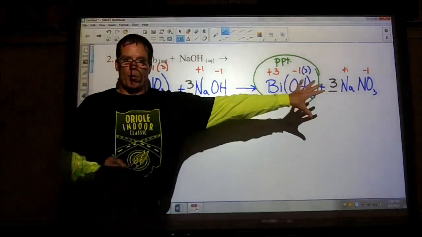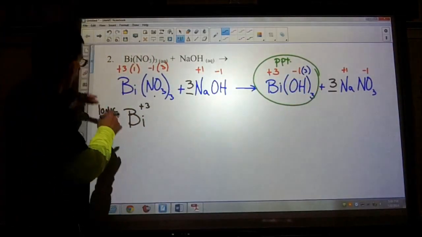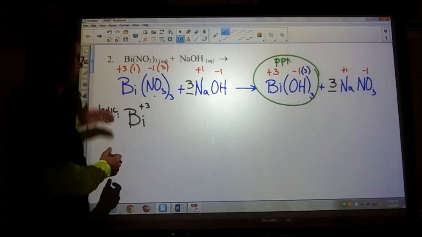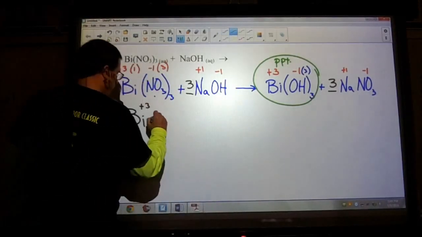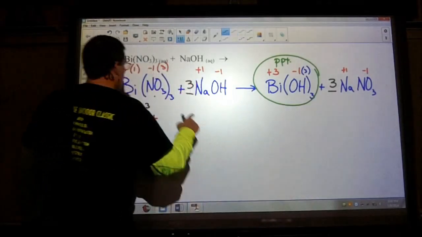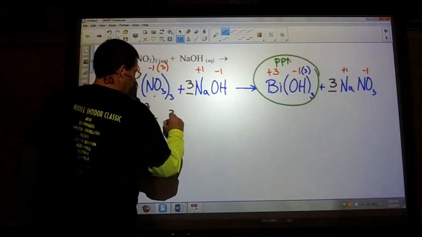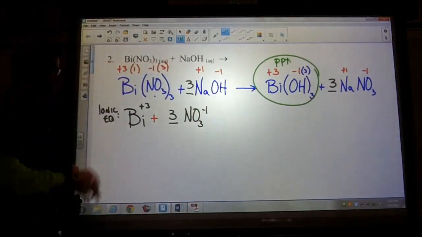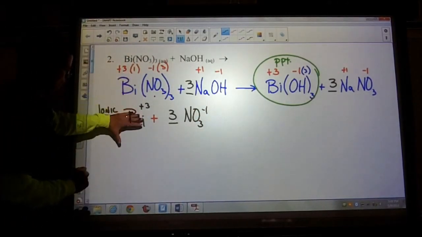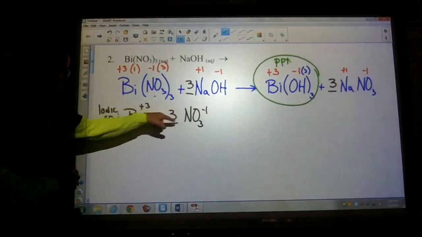Now again, that's one reason why we balance everything before we write the ionic equation. That way it becomes very easy. Then we're going to have 3 nitrates. So I'm going to have 3 NO3s with a -1 charge. Okay, I've taken my metal, there's my non-metal. Notice charges are listed here.